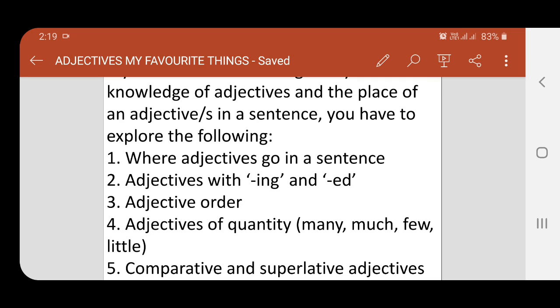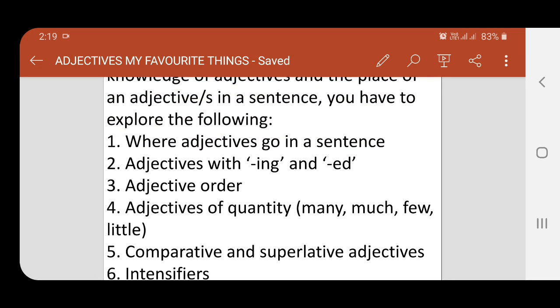There we saw that adjectives can be used in front of a noun. Deepak and his wife have a beautiful house. Beautiful house, beautiful is an adjective. They saw a very exciting film last night.